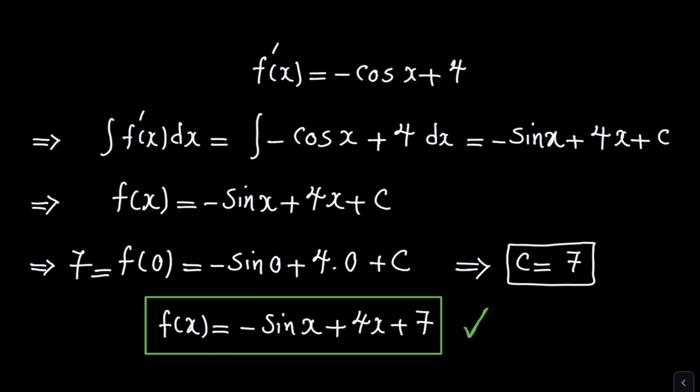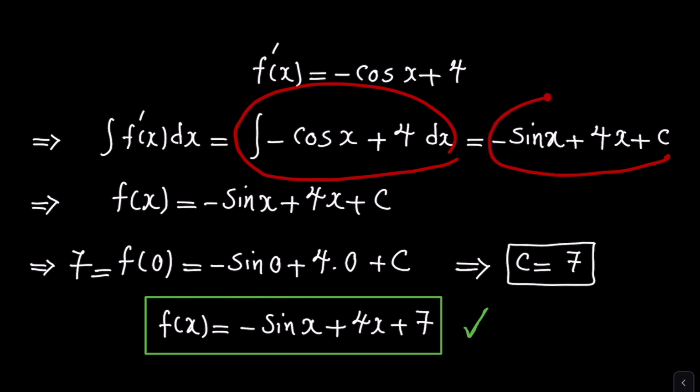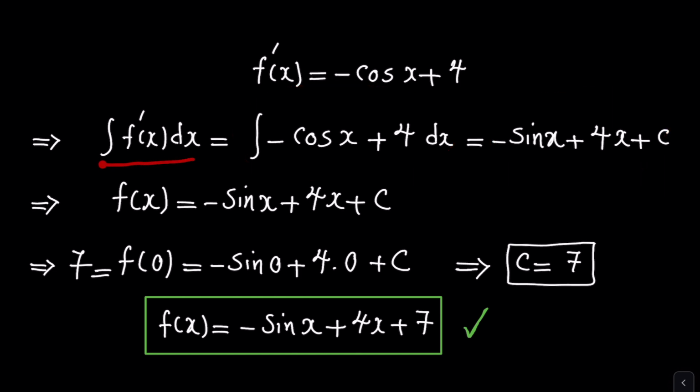So the integral of the right-hand side is given by this function. Now, how about the left-hand side? You know that integration and differentiation cancel each other. So the integral of f prime is equal to f, and that's also equal to this function that we have computed here.